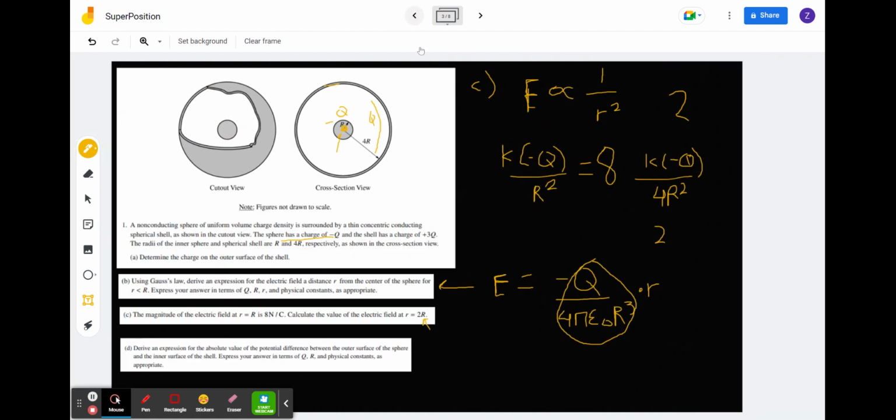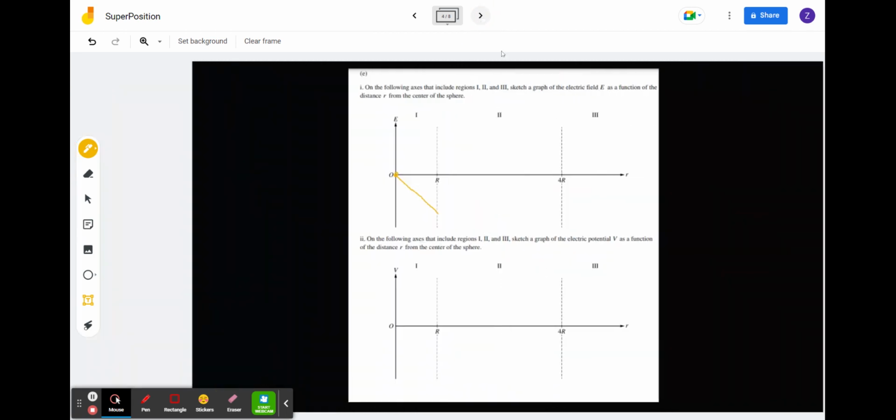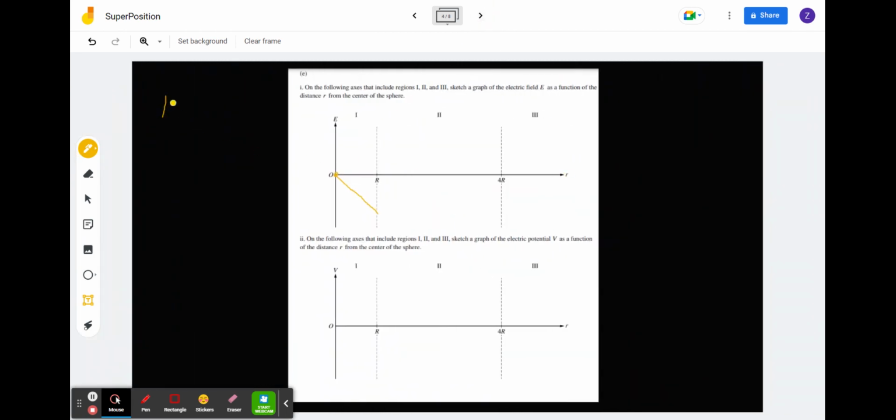Now, between r and 4r, we're outside of this main sphere, so we can approximate it as a point charge and simply use Coulomb's law. The electric field for a point particle is just kq over r squared. So it'd be k negative q over r squared.